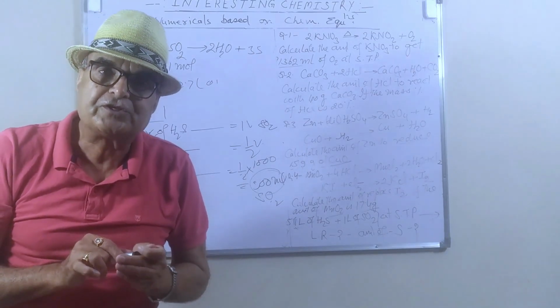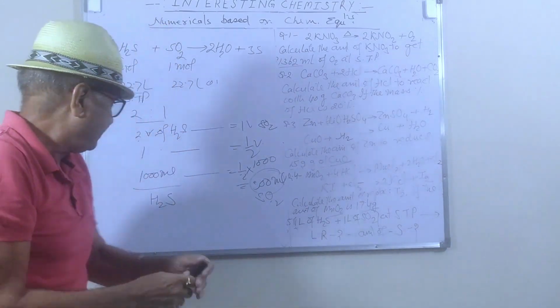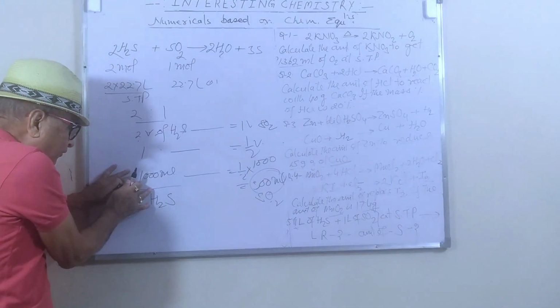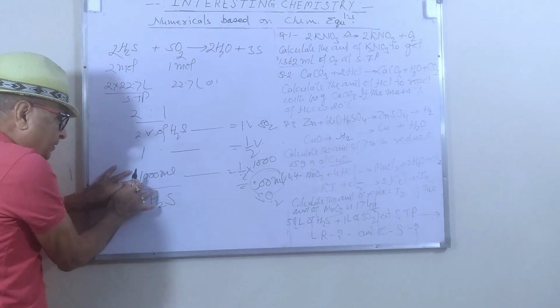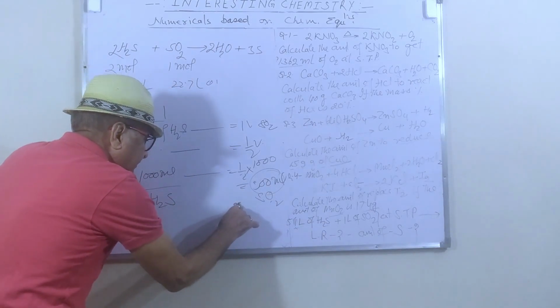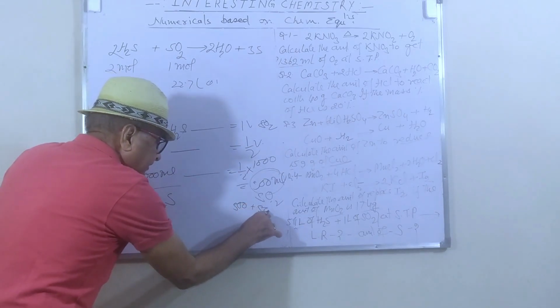Which reactant is consumed first? Here we have 1000 milliliter of H2S and 500 milliliter of SO2.